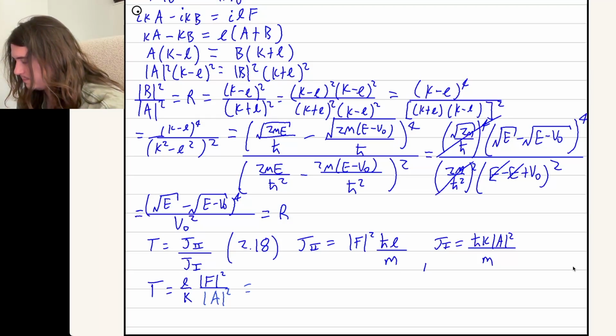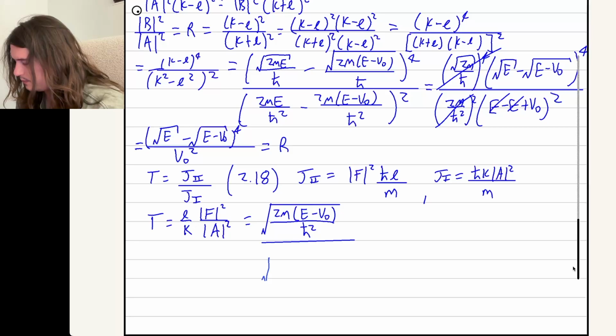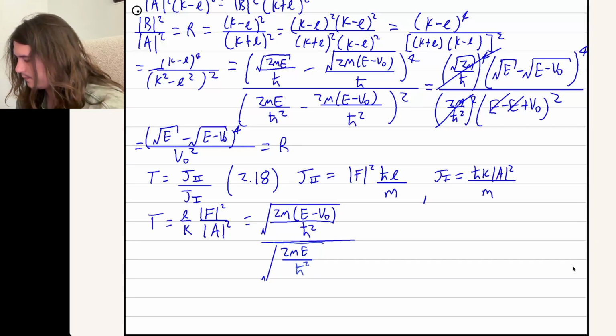So we have the square root of 2m(E minus V naught) over h bar squared, over the square root of 2mE over h bar squared, and then multiplied by F squared over A squared.